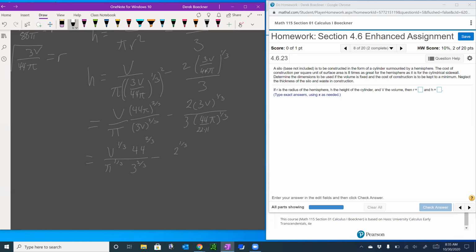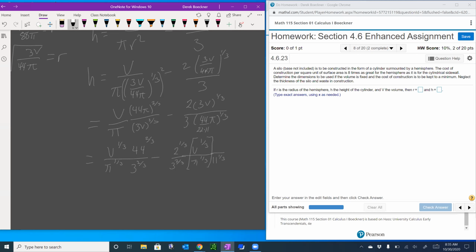I've got a 3 to the 1/3 up top and a full 3 at the bottom, so a 3 to the 2/3 down there. I've got a V to the 1/3, a pi to the 1/3, and an 11 to the 1/3. That's taking care of everything there.